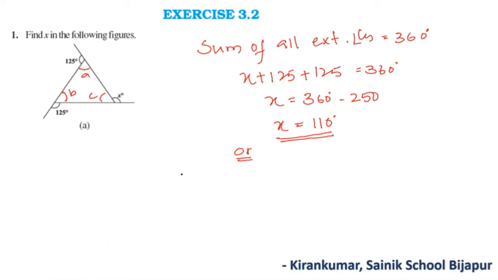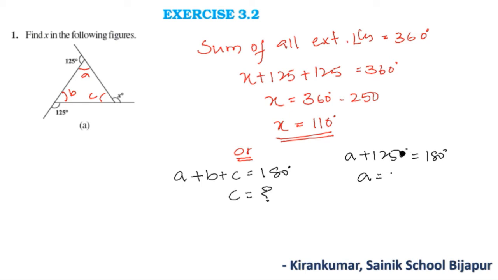In this method, I'll make use of the sum of interior angles as 180 degrees. So I get angle C. For that, I'll make use of linear pair. A plus 125 degrees is 180 degrees. So A will be equal to 55 degrees.